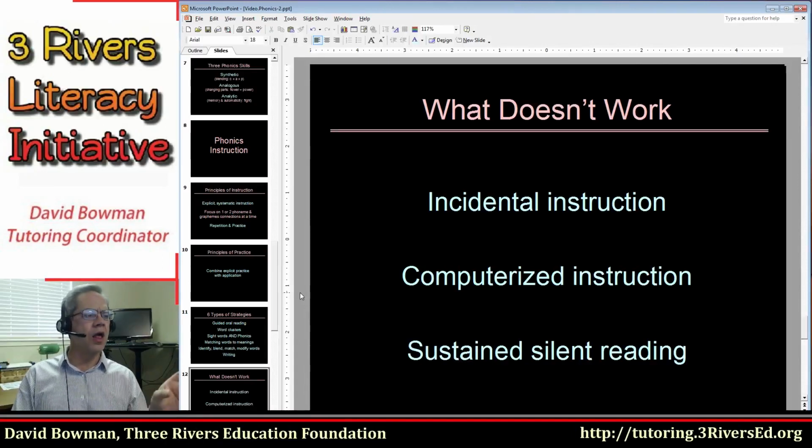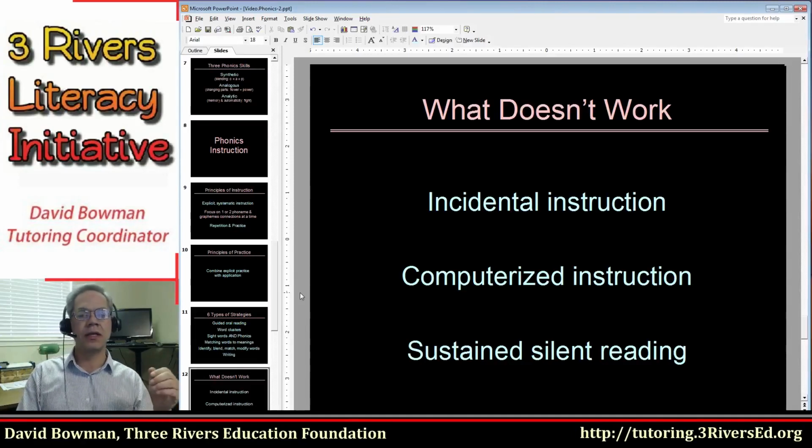Along with that, any type of computerized instruction is not going to be very useful, for many of the same reasons as well. The fact is, a computer program is simply not going to be able to provide the kinds of guidance and instructional planning and feedback and responsiveness that you can provide as a tutor, as a live person. So those are all out.